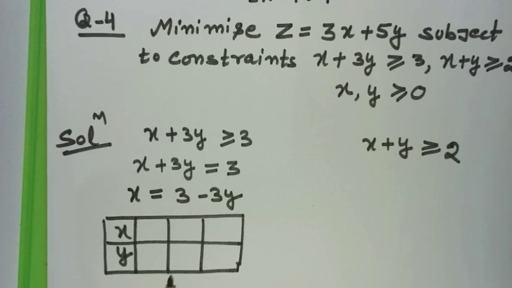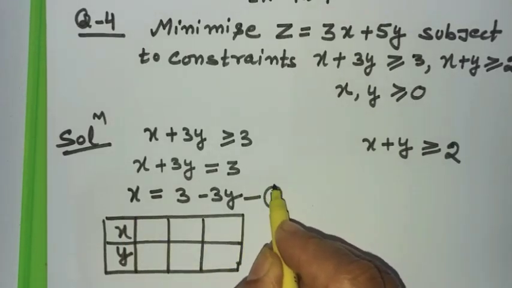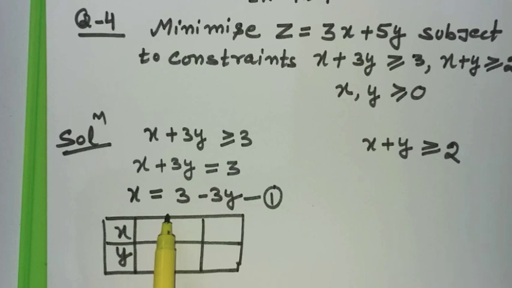Now, I will give some values to x and substitute that value in this equation number 1, or on the other way I can assume some value of y, substitute that value of y in this equation 1, and I will get the corresponding value of x.